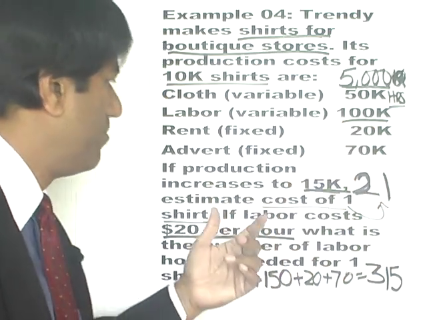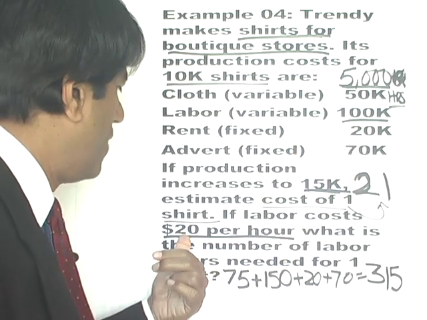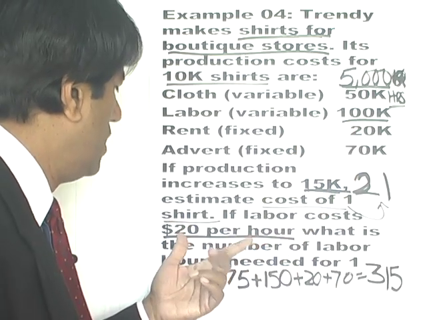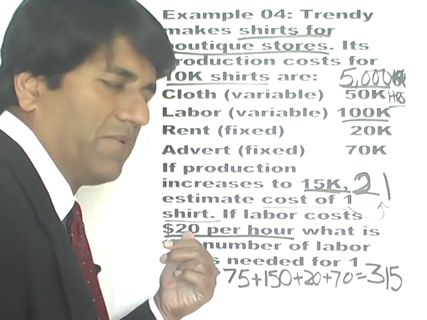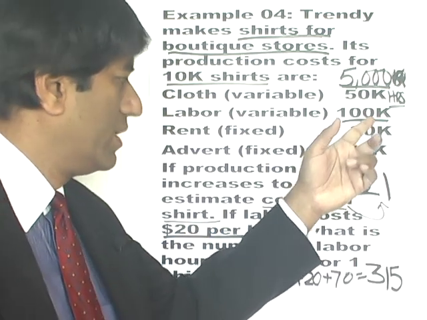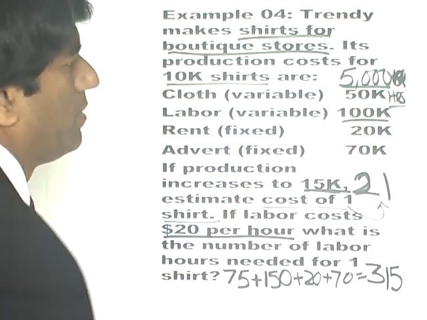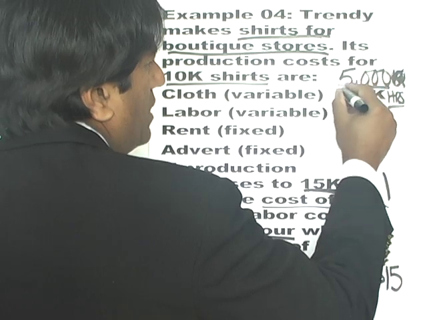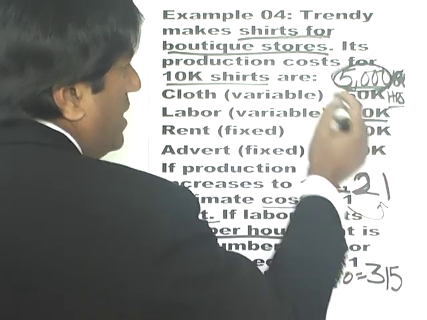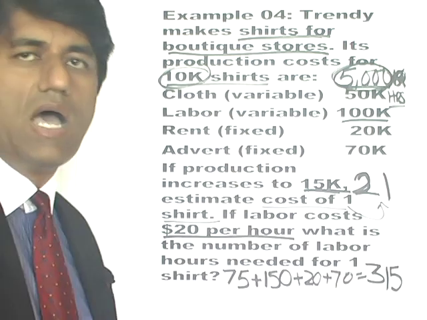And I'm dividing that by the number of dollars paid to labor per hour. So that would be 100,000 divided by 20. So that will give you 5,000. So 5,000 is the total number of labor hours being spent to produce 10,000 shirts. So each shirt needs half an hour.